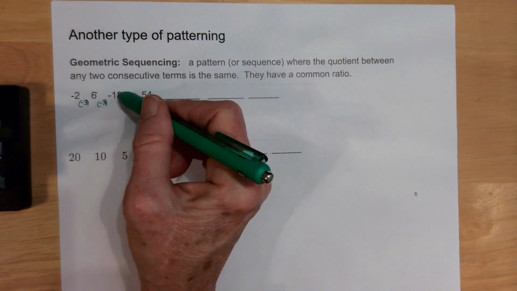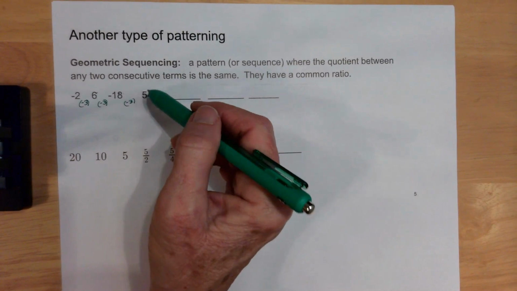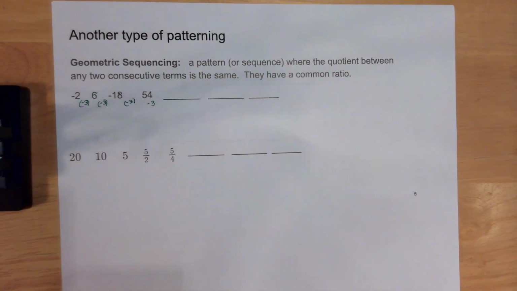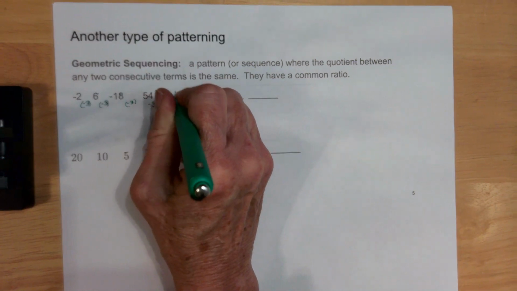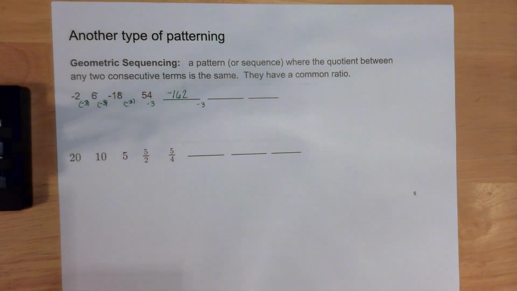+6 times -3 is -18. -18 times -3 is 54. So I want to multiply again. 54 times -3 is going to be -162, which I'm going to multiply by -3.